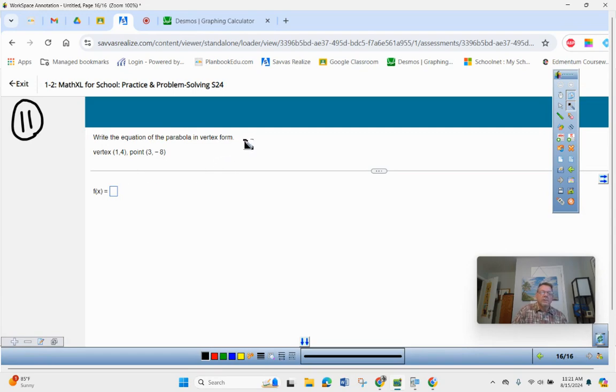So we said we're using y equals a(x minus h) squared plus k. And I'm going to put all these blanks in here because that's all those variables are. And I'm using y instead of f of x for our purposes here.